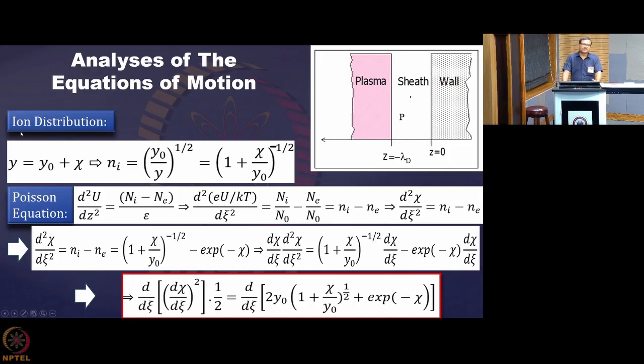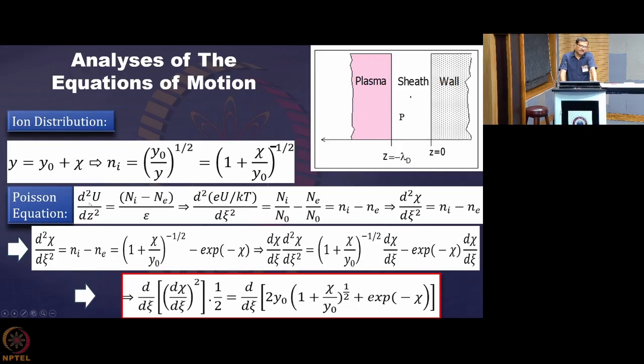Now, as usual in all problems of this plasma related thing, the Poisson equation comes as a rescuer to us. So, here also it is no different. This is the Poisson's equation, del square u is equal to rho by epsilon. Okay. So, this is the z direction equation.